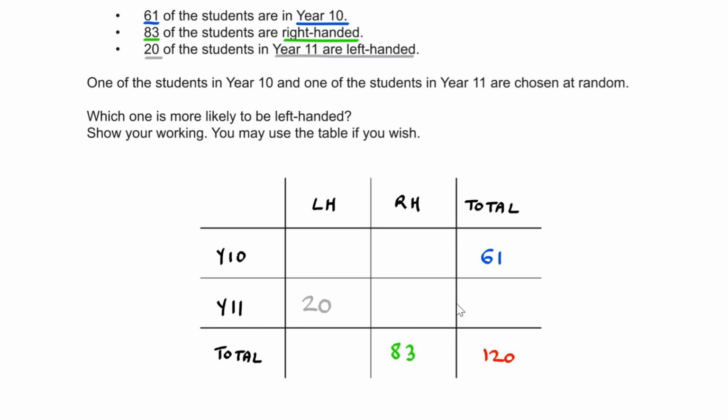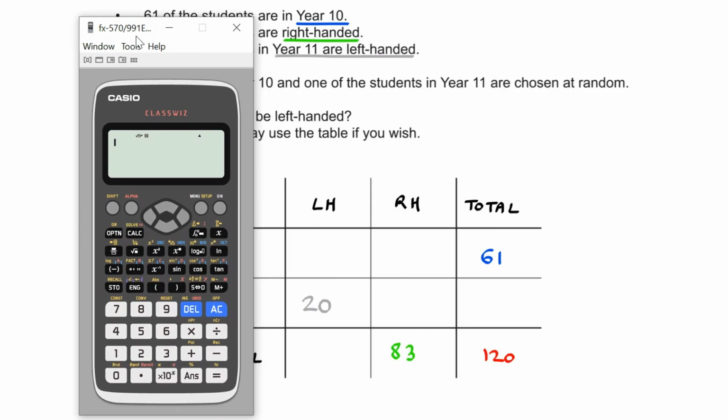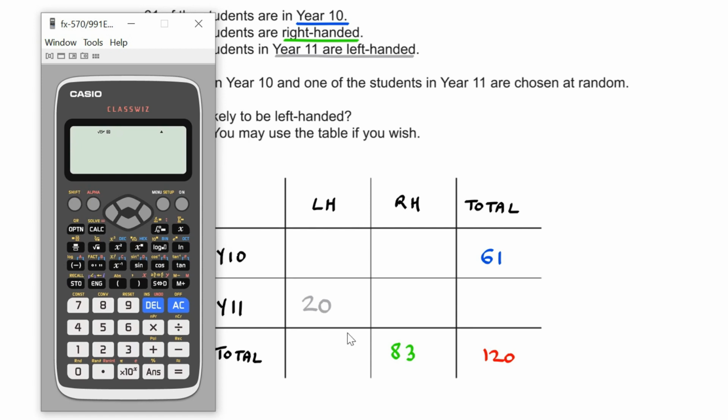And now we can find out the missing values in this two-way table. First of all, what you can see is the total number of Year 11 students, that will be 120, take away 61, which is 59. So we have 59 here. And therefore, Year 11s who are right-handed would have 59, take away this 20, which is 39.